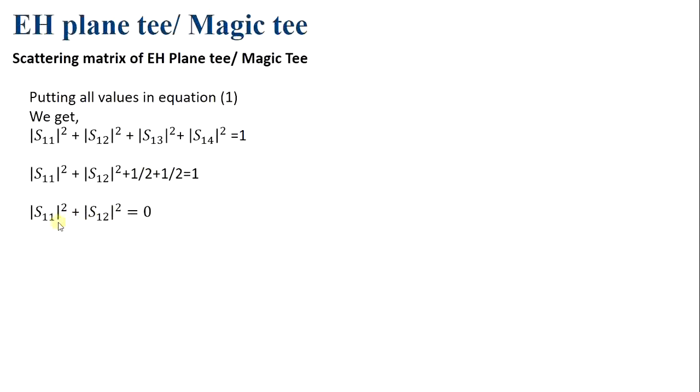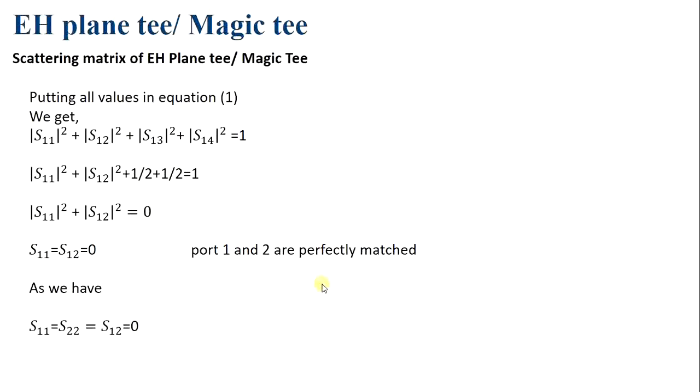So here we got mod of S11 square plus mod of S12 square equal to 0. So from here we can say S11 equal to S12 equal to 0. That is port 1 and port 2, they are perfectly matched. As we have S11 equal to S22, which is equal to S12, and that is equal to 0.